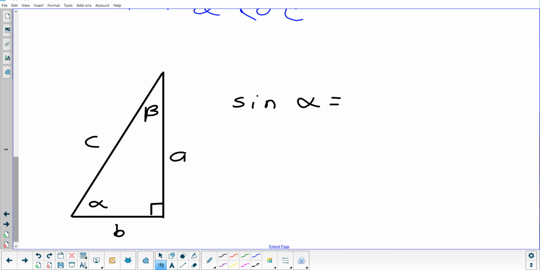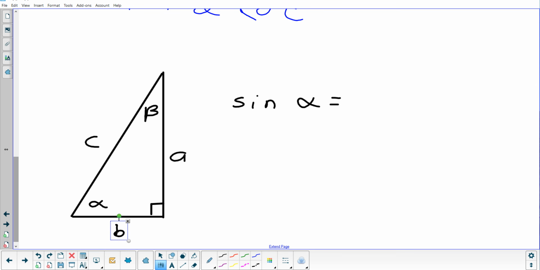And how about, Kavani, what is the side that is opposite this angle? The beta. So it would be either A, B, or C. B. Which one did you say, B?